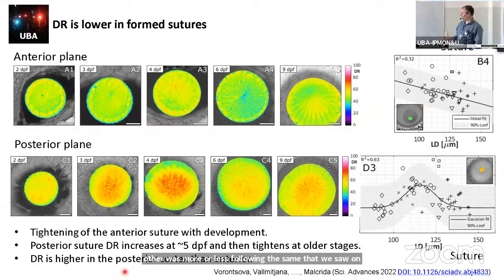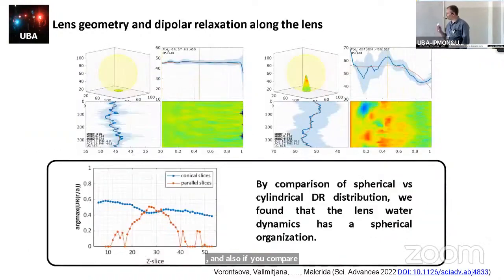So basically, the tightening of the anterior suture develops during the maturation of the lens, and in the posterior suture, we see this increase after 4 days, but then it gets tight. And also, if you compare anterior and posterior, there is a difference in the water dynamics.